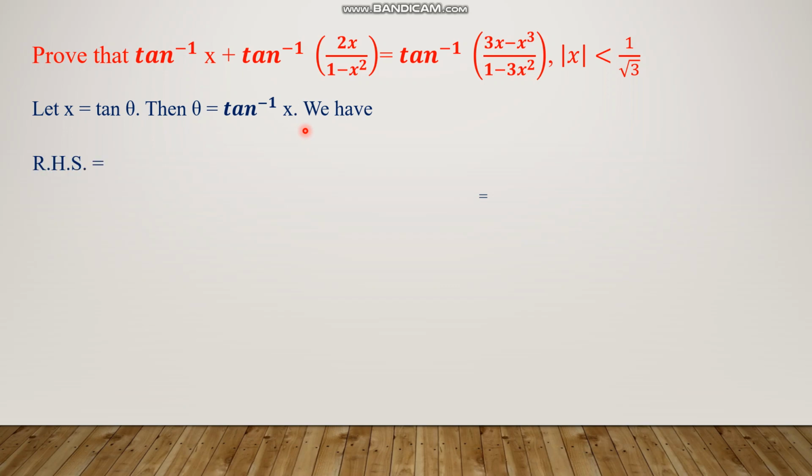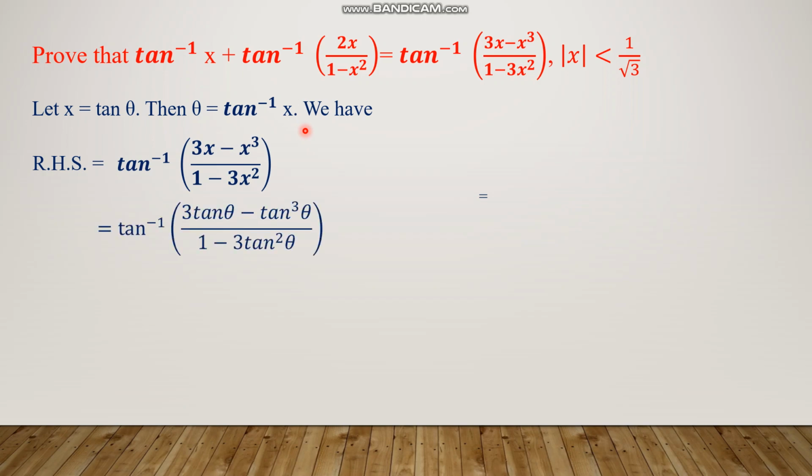And we will take the RHS instead of LHS because that will be the easy method. So the RHS is tan inverse 3x minus x cube by 1 minus 3x square, and that will be equal to tan inverse of 3 tan theta minus tan cube theta by 1 minus 3 tan square theta. You know this formula, this is the formula for tan of 3 theta.